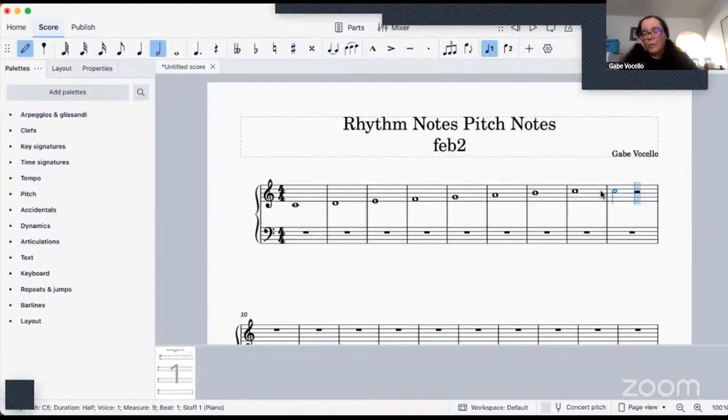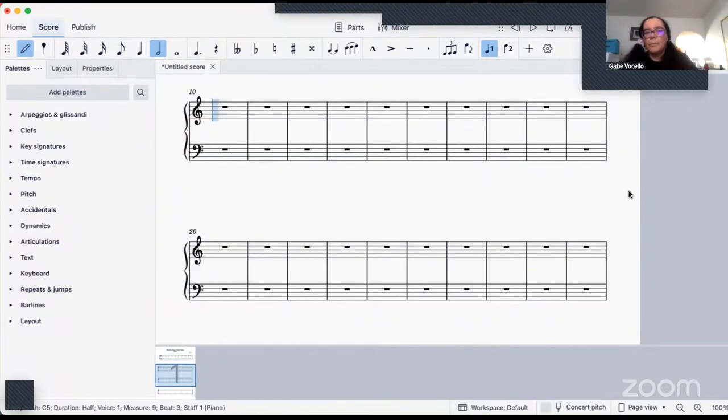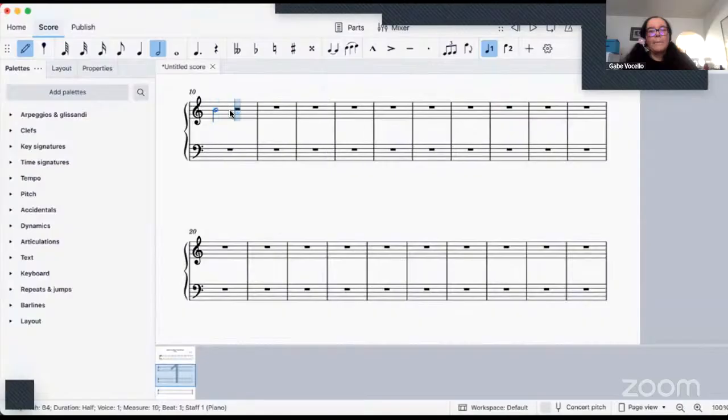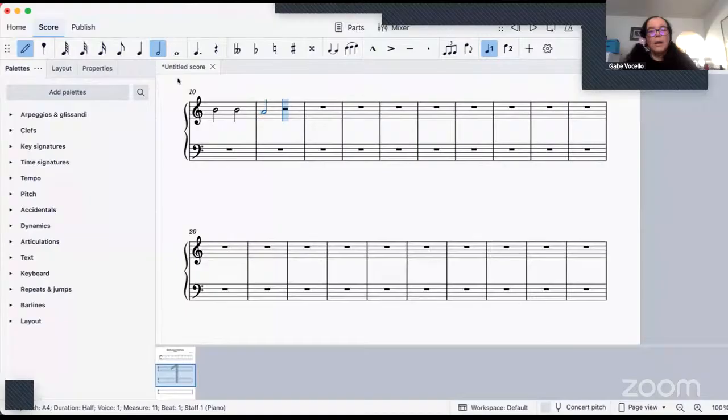Half note is an open circle with the stem on the right side of the note head or on the left side. In this case, it's on the left side. Half note, half note. See here, the stem is on the right side of the note head. Note head, stem.